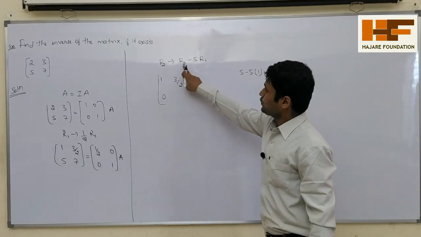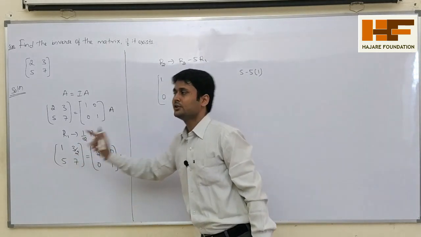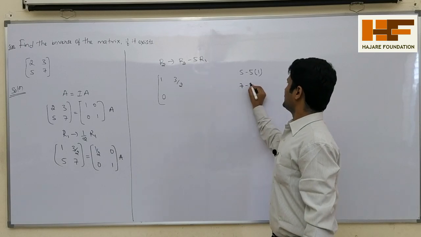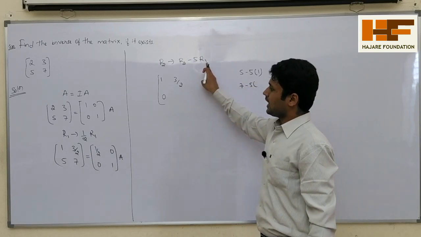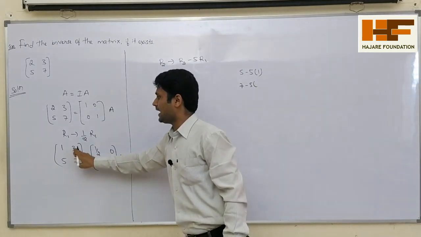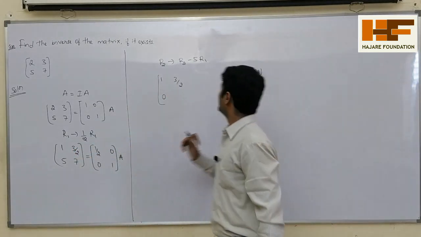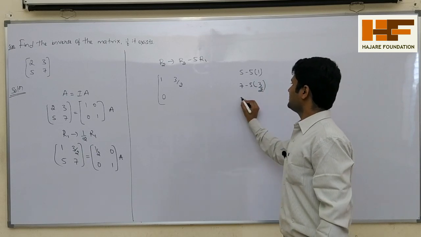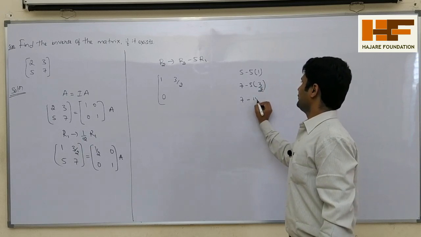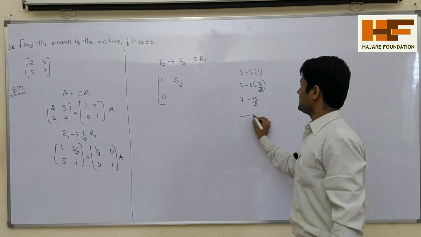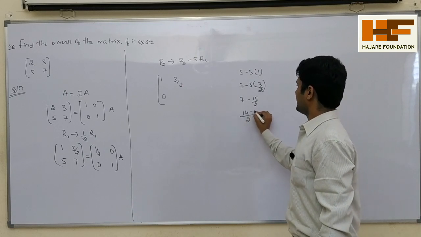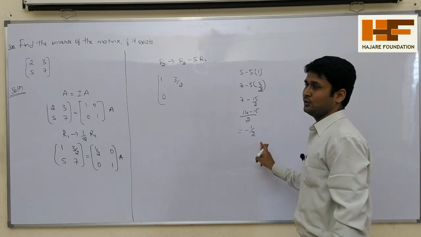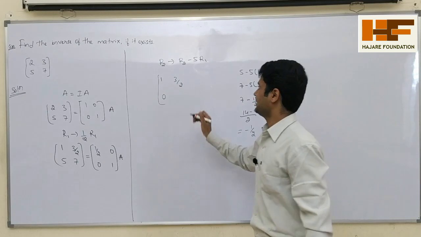Next, what is the R2 element here? 7 minus 5 into the corresponding R1 element, 3 by 2, into 3 by 2. Simplify the term, 7 minus 15 by 2. Take the LCM, 2. 14 minus 15, which is equal to minus 1 by 2.